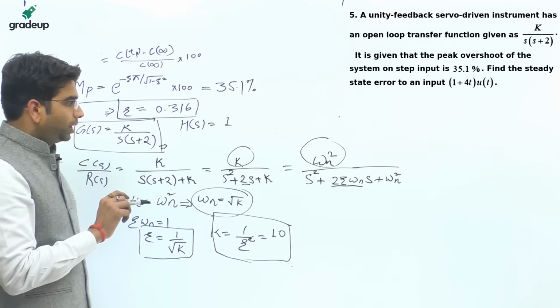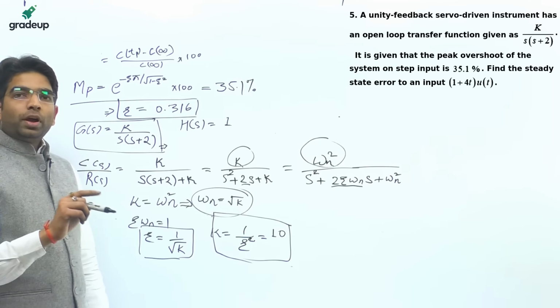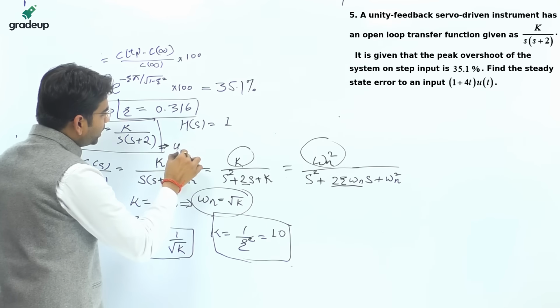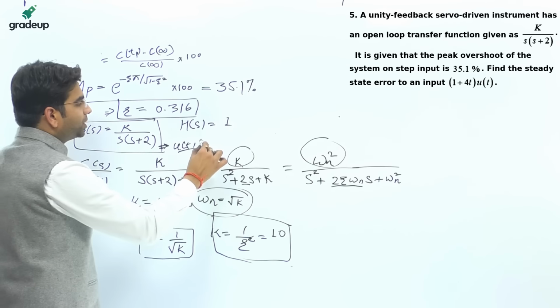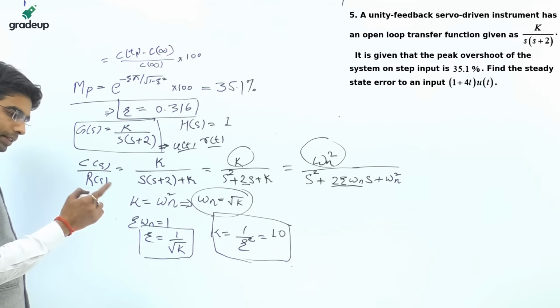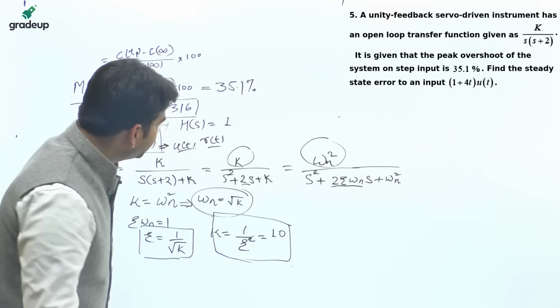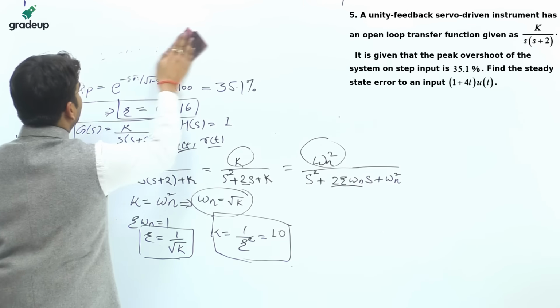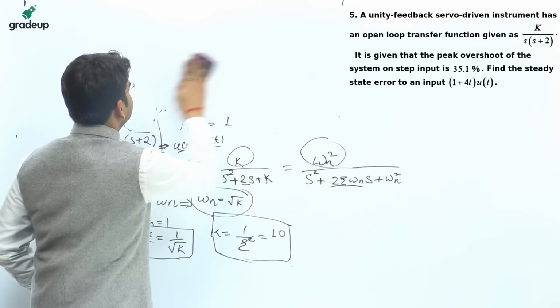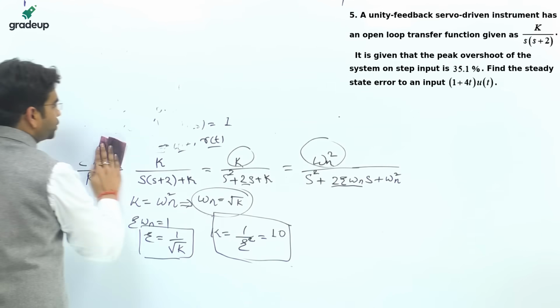Type 1 system में कभी भी error आपकी UT के कारण नहीं होगी, स्टेप सिंगल के कारण नहीं होगी, हमेशा और हमेशा रैम्प के कारण होगी. ठीक है? There are two methods again to go forward this question right now. Okay, what are those methods? Again you calculate the value of steady state error coefficients and proceed that way.